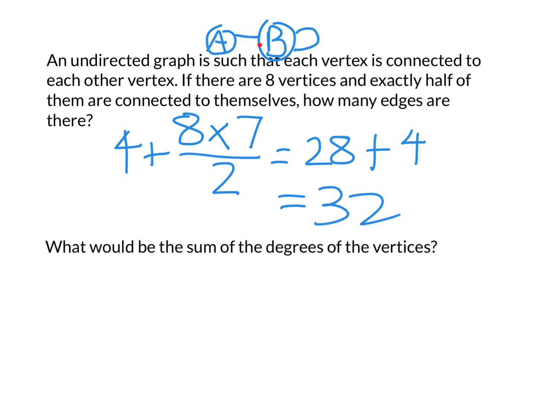So in this small network, B actually has degree 3: 1, 2, and 3. So the sum of the degrees of the vertices is always going to be double the number of edges. Again, that's because each time you have an edge, it increases the degree of its start and end vertex. It increases the sum of all of the degrees by 2.